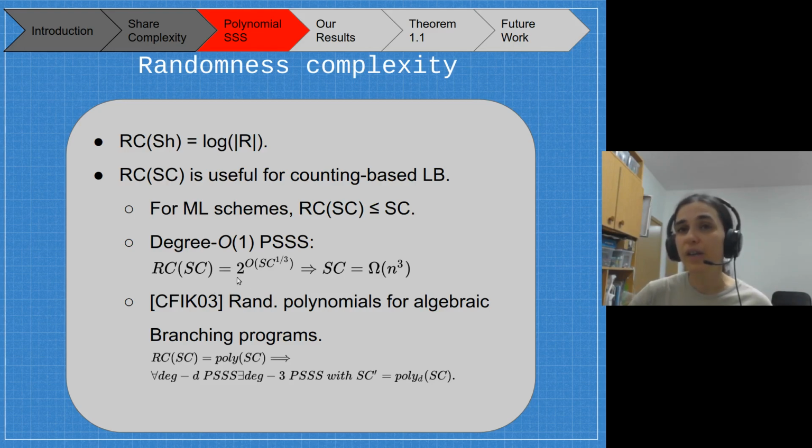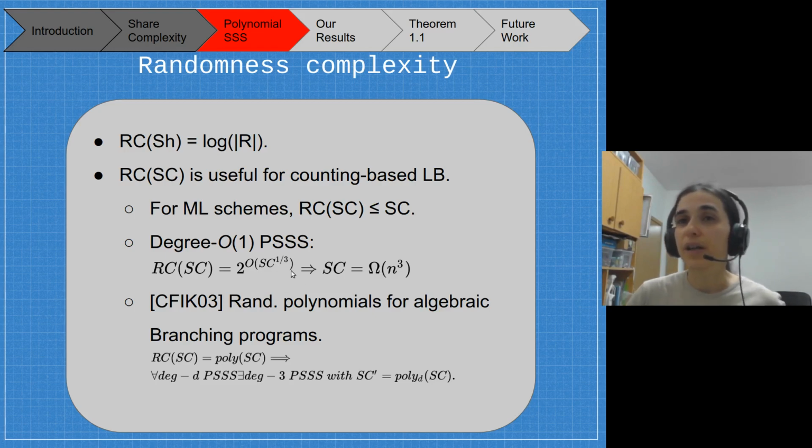And the bounds are good basically if the degree is low. For arbitrary degree, we almost don't gain anything over non-polynomial secret sharing schemes, but let's say for degree 2 even, which we already don't understand well, we could get better just counting-based bounds. But if the randomness vector is very long, we don't get it.